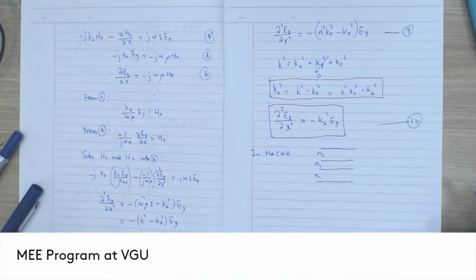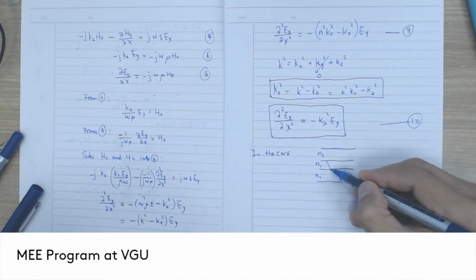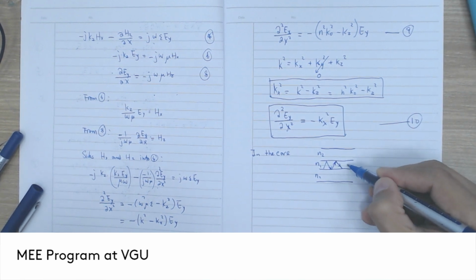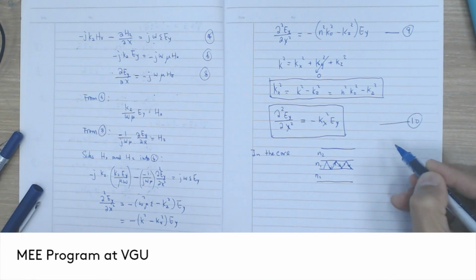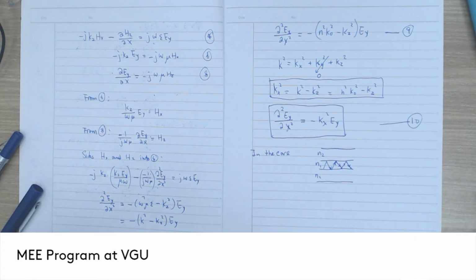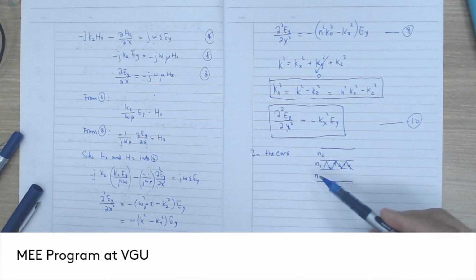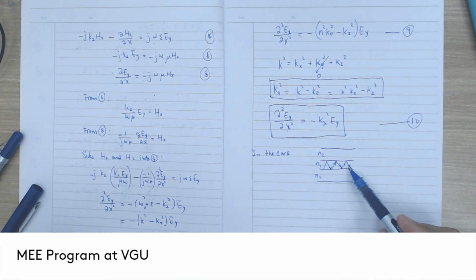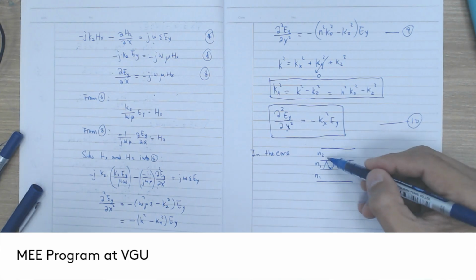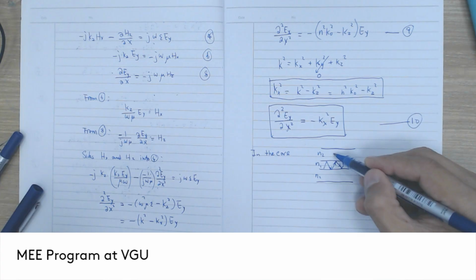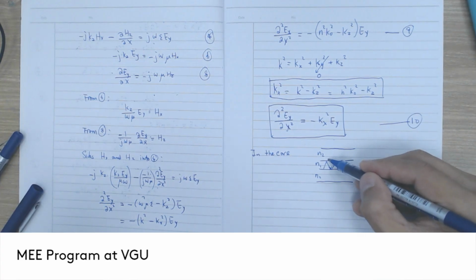The wave can go on. You can undergo the process of internal reflections until it emerges. So in this case, it's a kind of vibrating wave within the core. But in the cladding, we don't expect any wave propagation here. So we expect the wave to die down.